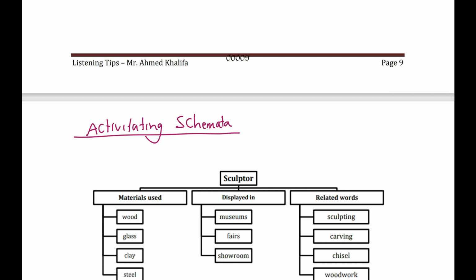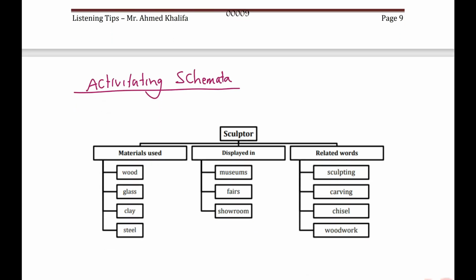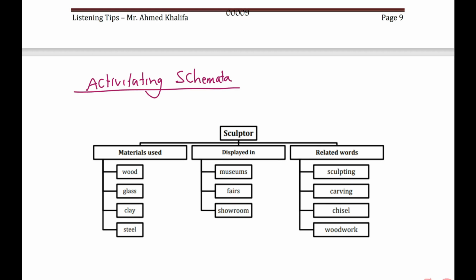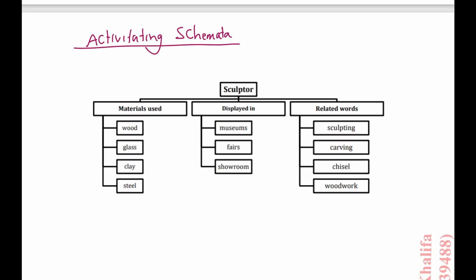Maybe, of course, we're not going to do this, but in general, for example, if you are talking about sculptures, famous sculptors who engraved a statue or whatsoever, what you will have in the back of your mind as schemata is the material used.